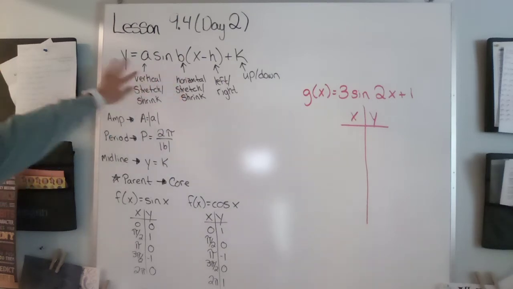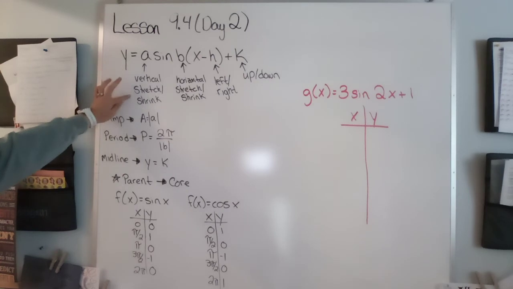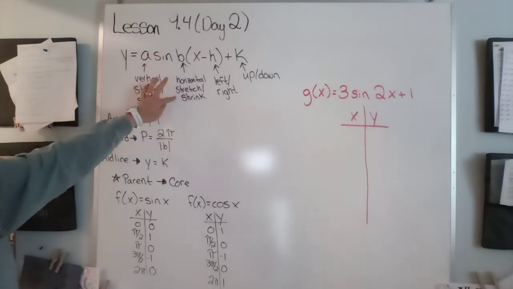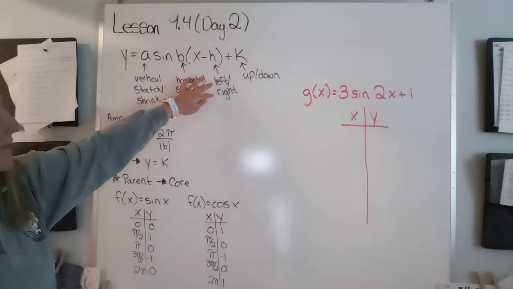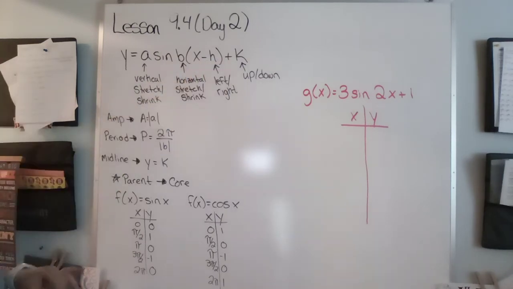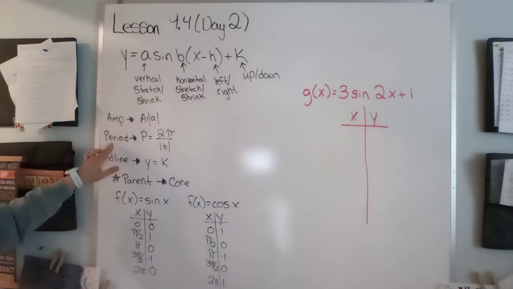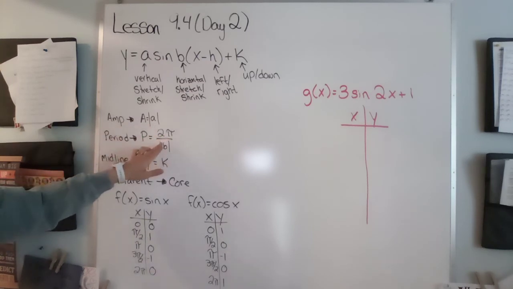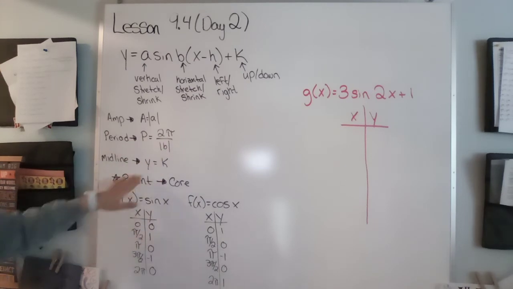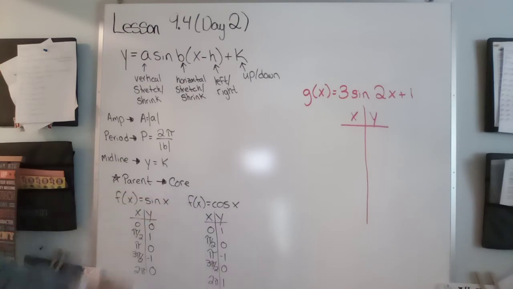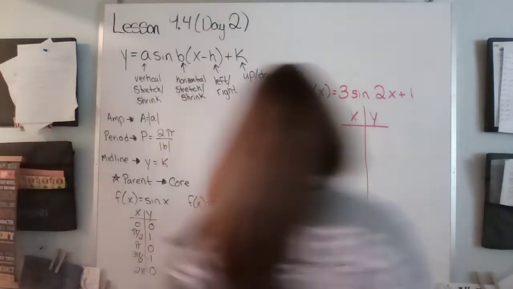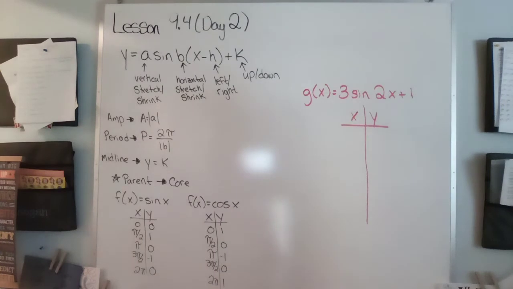So you need to know that A is going to be your vertical stretch or shrink, B is going to be your horizontal stretch or shrink, H is going to move the graph right and left, K is going to move us up and down, the amplitude is going to be equal to the absolute value of A, the period is 2 pi divided by the absolute value of B, your midline is equal to K, and then the parent functions, these are the key points that you have to memorize because these are the key points that we then transform, okay?